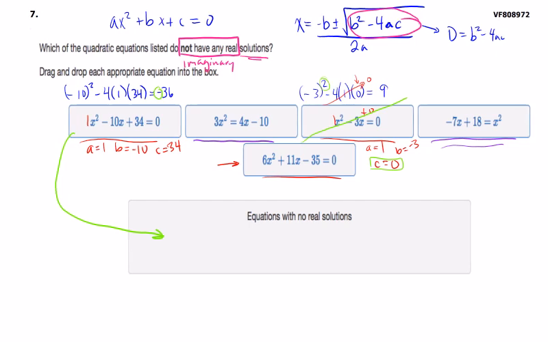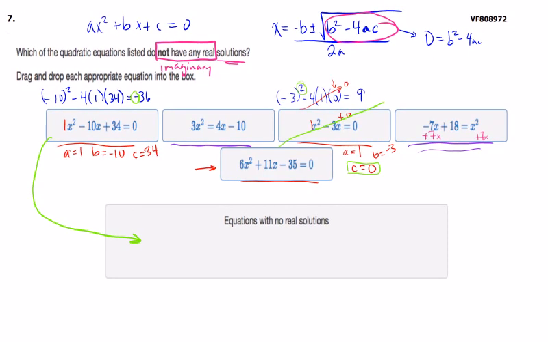So I'm going to add 7x to both sides. And notice we don't have a like term with 7x, so I'm just putting it off to the right over here. Then I'm going to take away 18 from both sides, right?